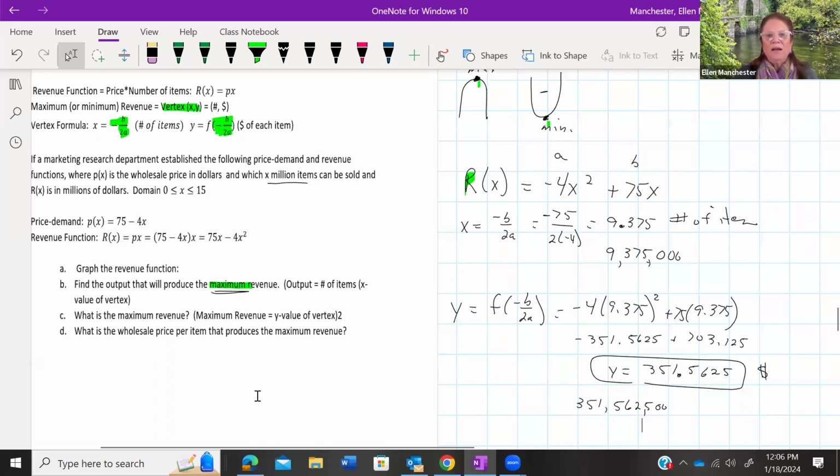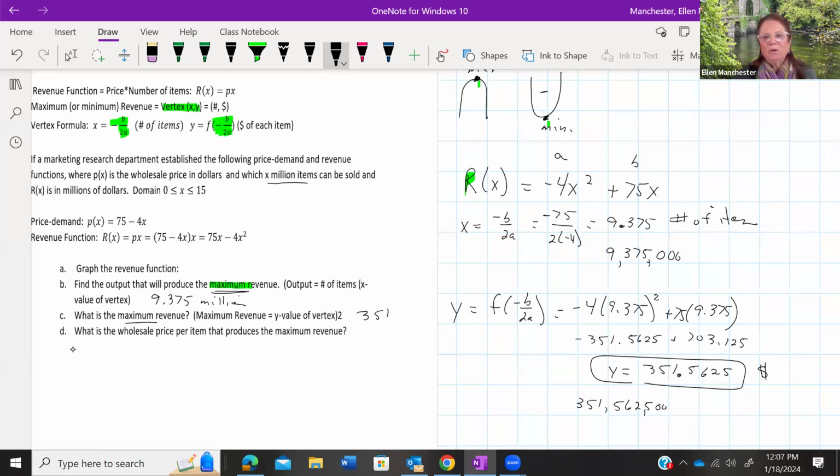Maximum revenue is the vertex formula. So there is one question in my math lab that you're going to have to use the vertex formula to get, and then you can go from there. So the questions, find the output, and remember output is number of items. So it is 9.375 million. What is the maximum revenue?